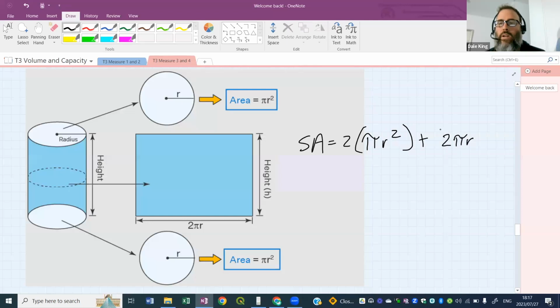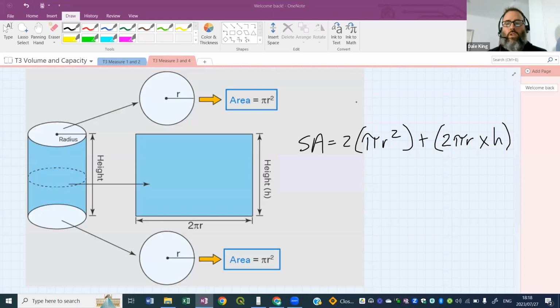I like to use brackets, guys, don't throw stones at me. Times height. So that's the formula for the surface area of a cylinder. I hope you guys understand that.